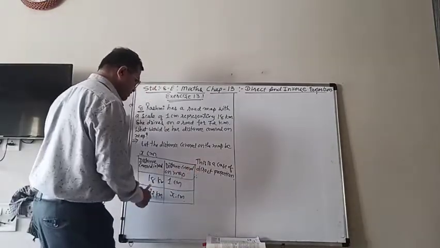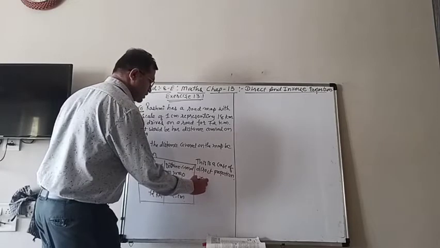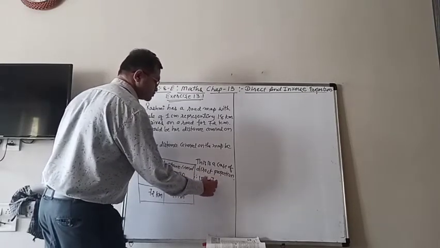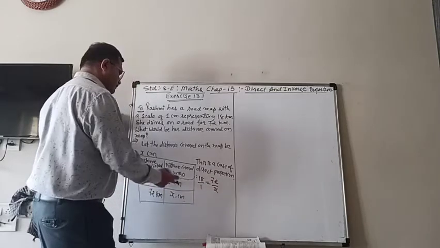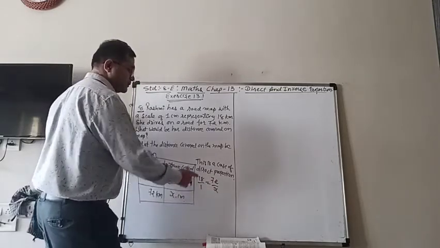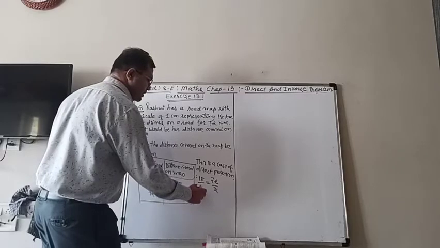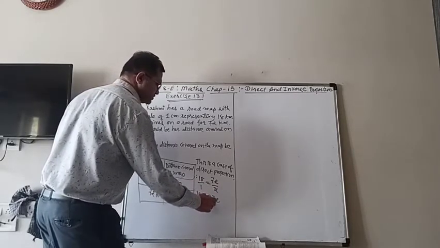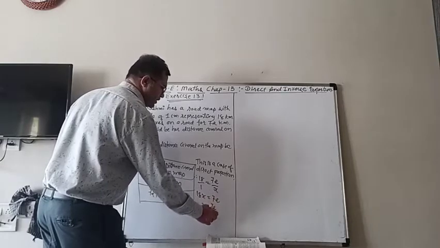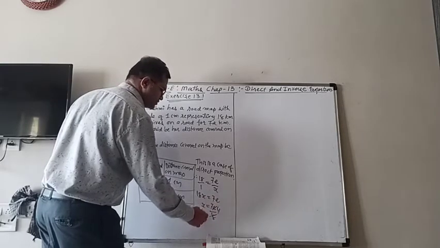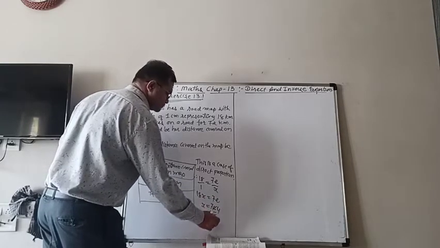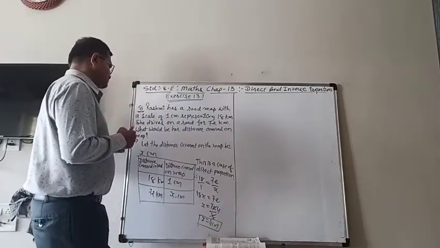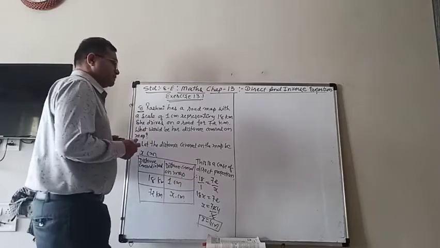So we will take 18 upon 1 is equal to 72 upon x, that is x1 upon y1 is equal to x2 upon y2. Cross multiplication, 18x is equal to 72. So x is equal to 4 centimeter. So the distance covered on the map will be 4 centimeter.